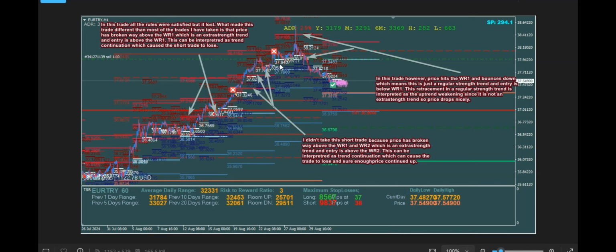I feel that if we can get a regular strength trend to bounce down from the weekly R1 and find value below the daily middle pivot at or around the yearly R levels and the monthly R levels above the monthly R1, we will have the strongest trade, and price should drop down precipitously with minimal drawdown.